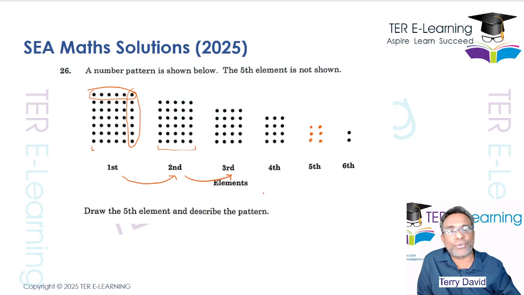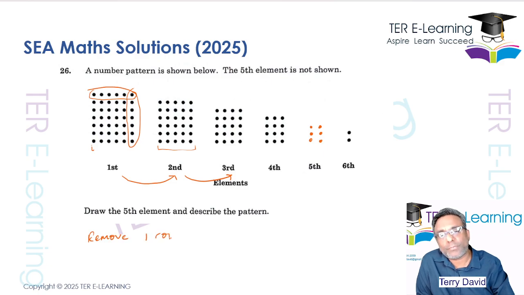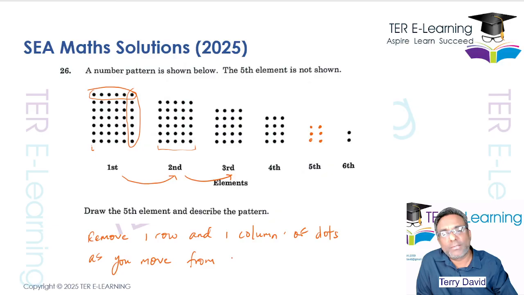Draw the 5th element and describe the pattern. So remove 1 row and 1 column of dots as you move from one element to the next.